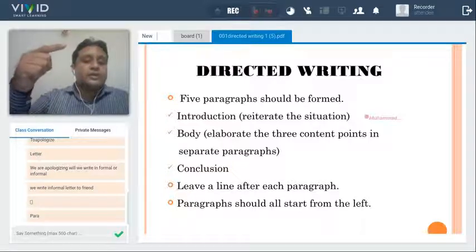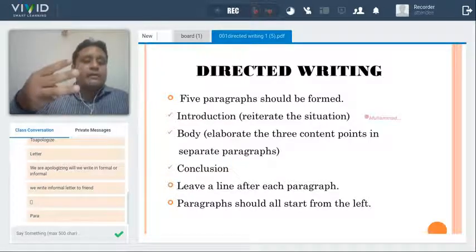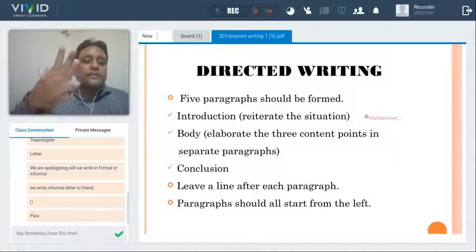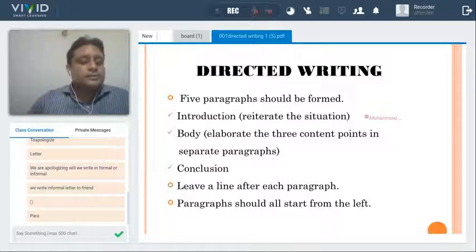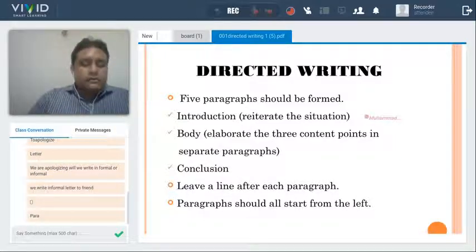First paragraph introduction, three body paragraphs, that makes it four, and the fifth one is conclusion. The conclusion is yet another very crucial, very critical part of any directed writing type, may it be letter, report, article, or a speech.